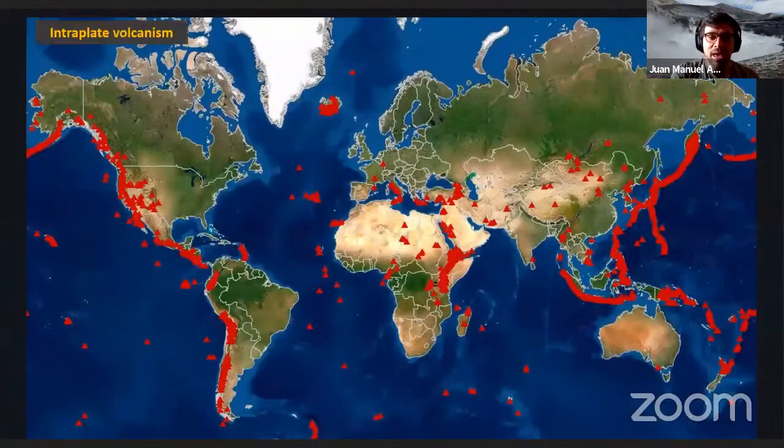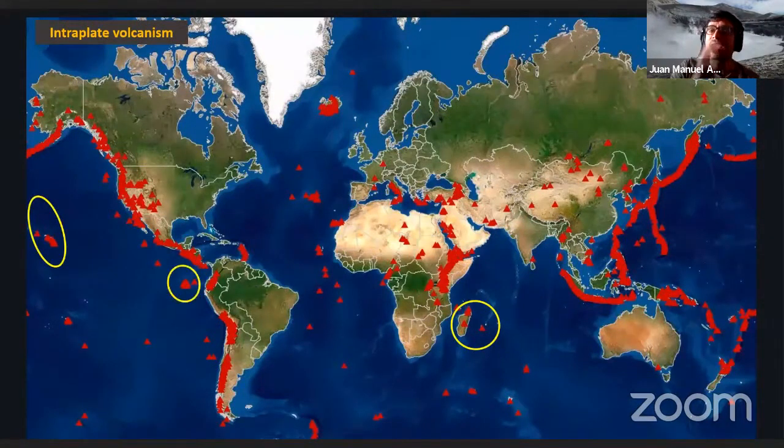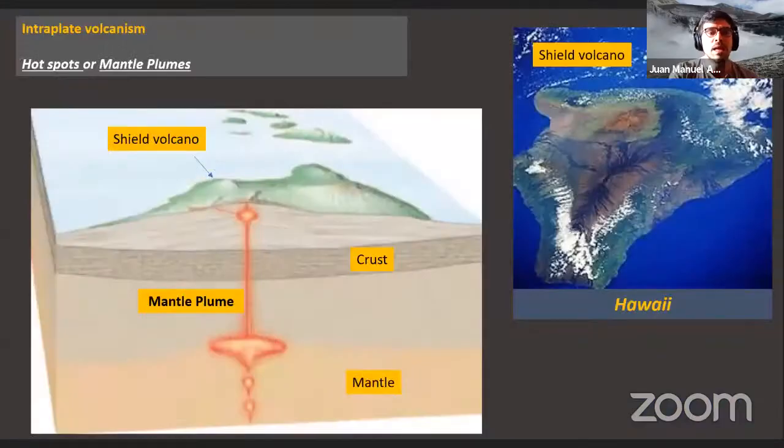But not every volcano is located at a plate tectonic limit. There are also some volcanoes inside the plates that are called intraplate volcanism. These volcanoes, for example Hawaii or Canarias, are related to very deep and hot material coming from the lower mantle that goes to the surface and forms magma.